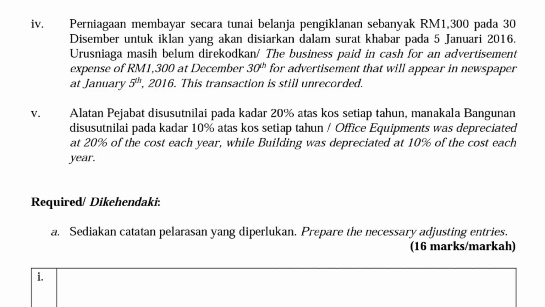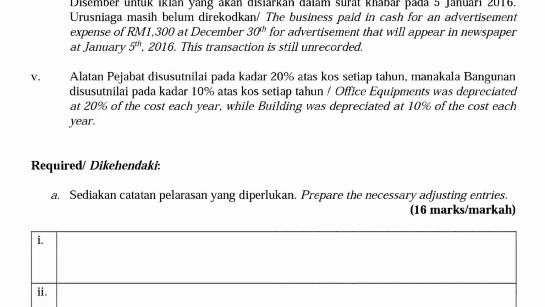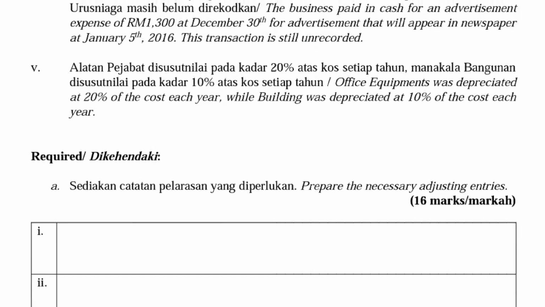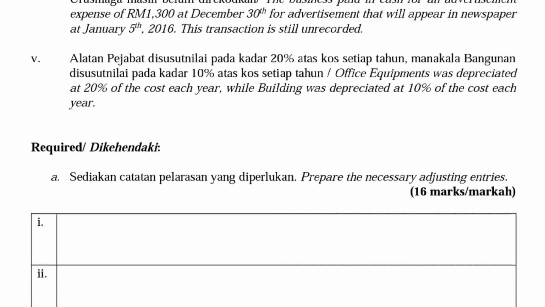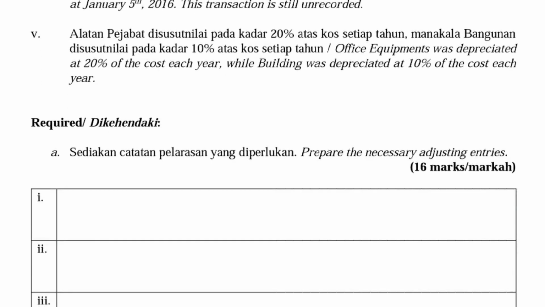Okay, number 5. Like I said earlier, you can see the written answer at the end of this video. This number 5 information is related to depreciation expense. See here, office equipment was depreciated at 20% of the cost each year, while building was depreciated at 10% of the cost each year.